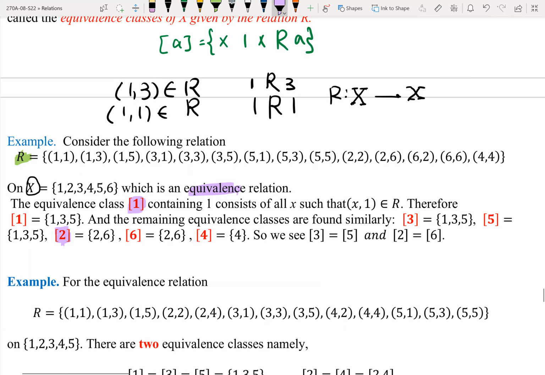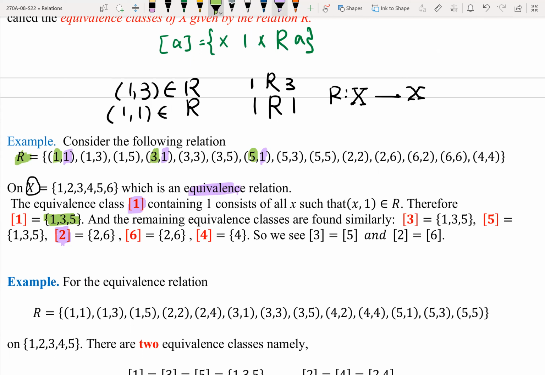So your elements with the second component of one is what you're looking for. No more, right? That's only it. So the class of one has 1, 3, and 5. Is that okay? Your second element has to be 1, okay?